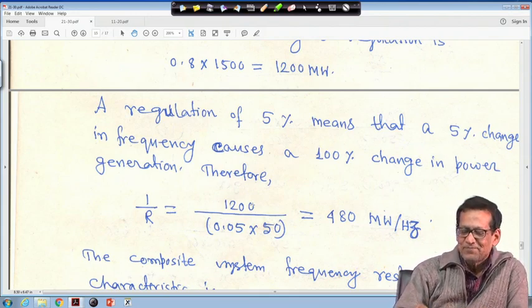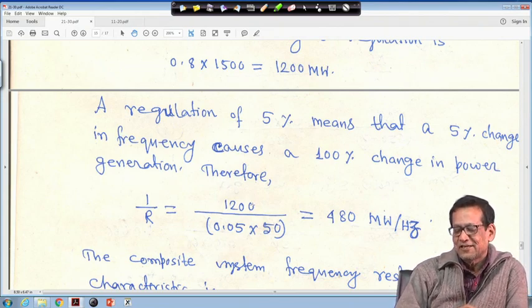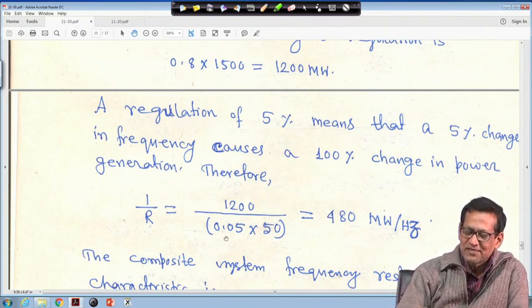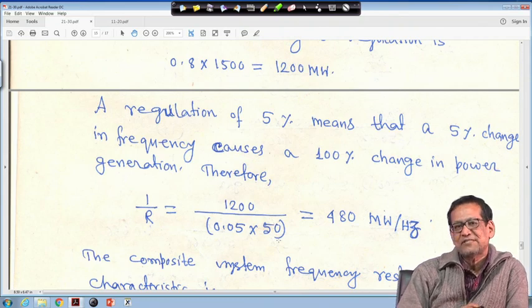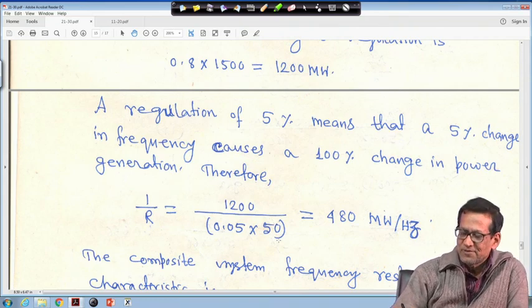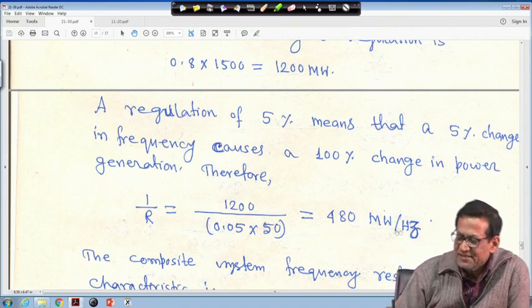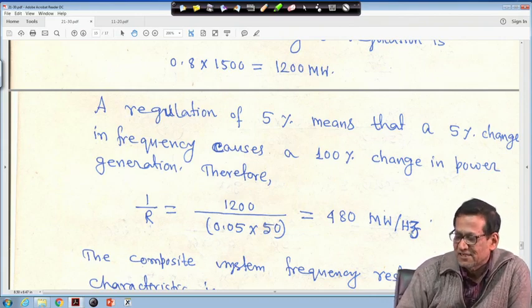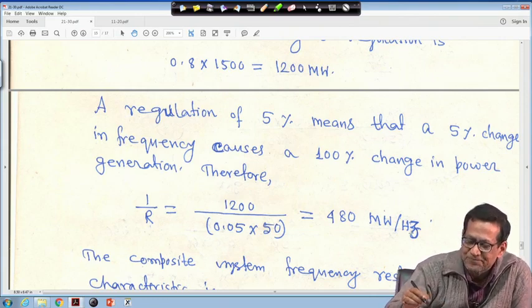So, it is 1200 by 0.05 into 50, as it is a 50 hertz system. So, it will be 480 megawatt per hertz, right. So, that is 1 upon R.